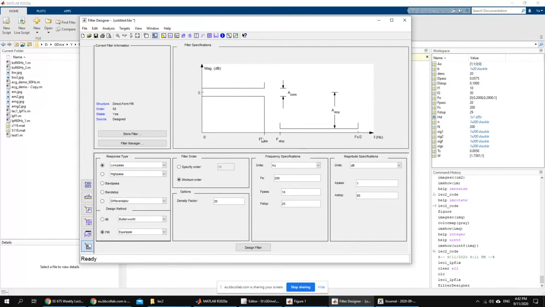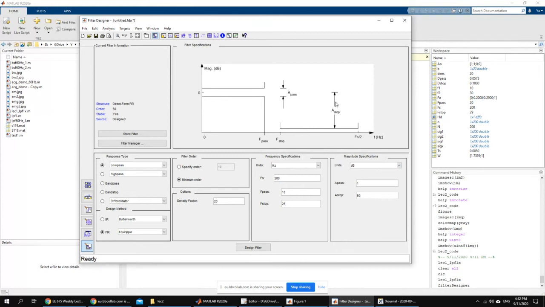Remember that at the cutoff frequency of the filter, we call it the 3 dB frequency, which means the signal will be attenuated by 3 decibels at the cutoff frequency. So if I chose 1 decibel, it means that the whole range here will be attenuated less than 1 decibel, which is very good.